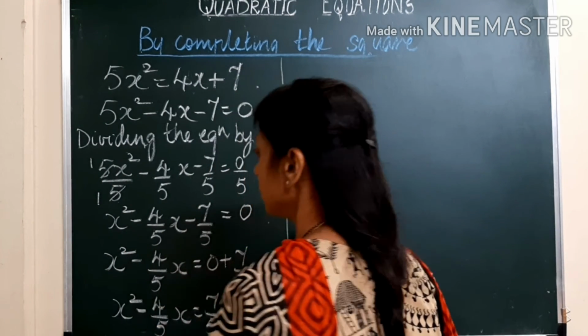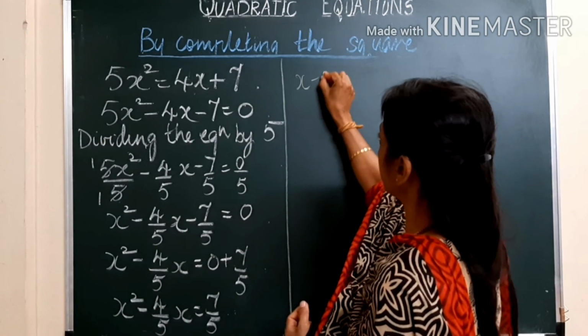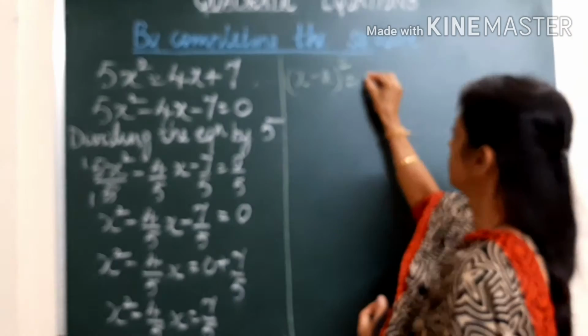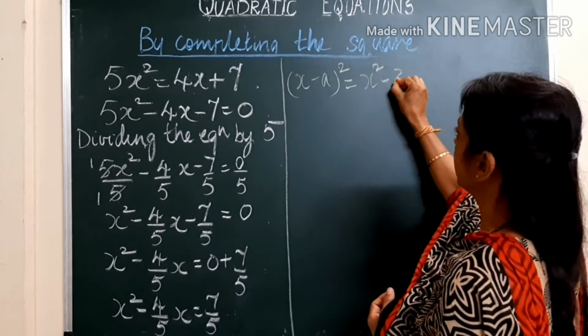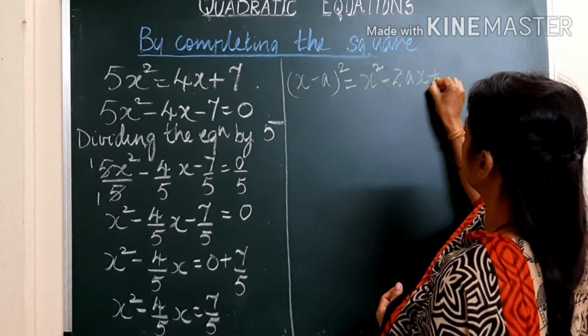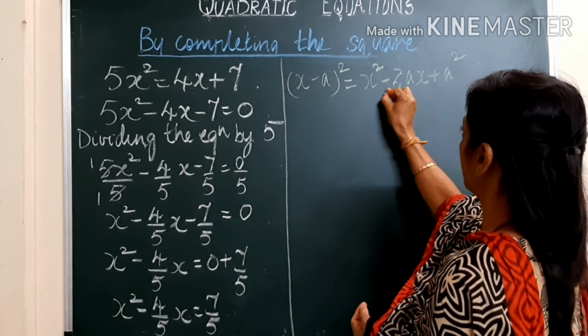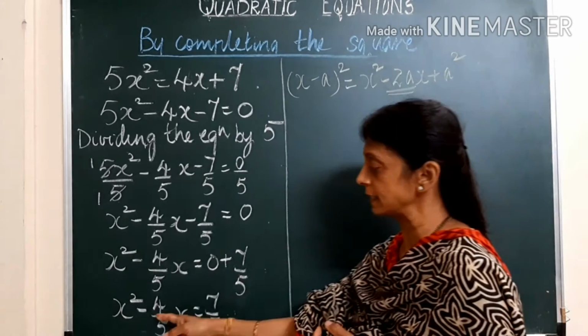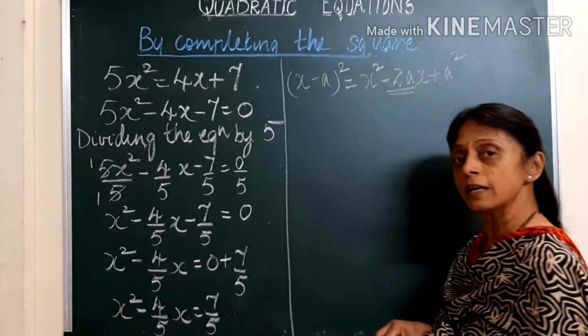The expansion x minus a the whole square is equal to x square minus 2ax plus a square. So what do we compare it to? We compare minus 2a and equate it with minus 4 upon 5.